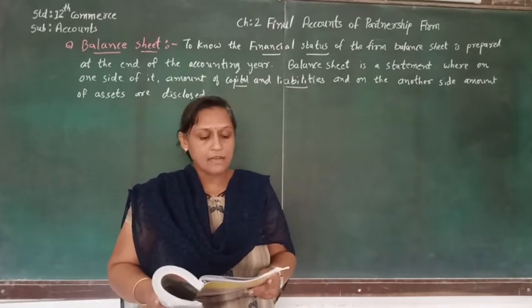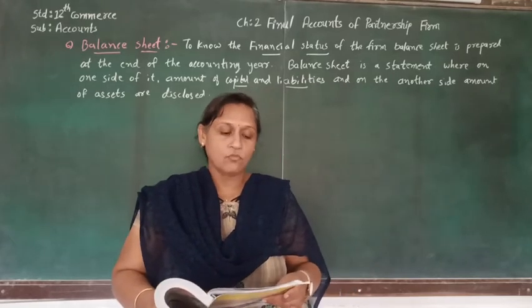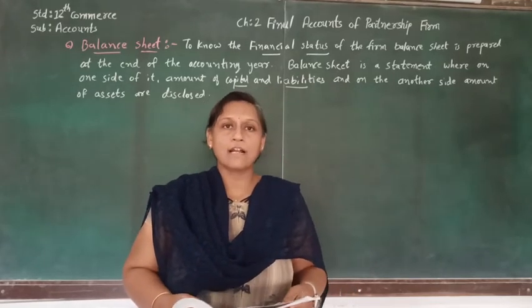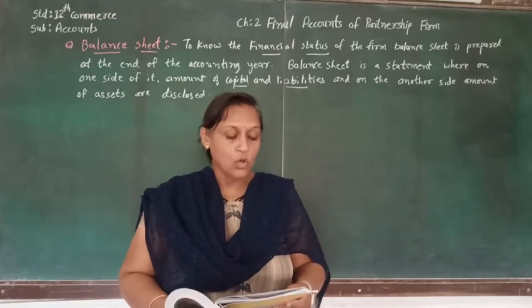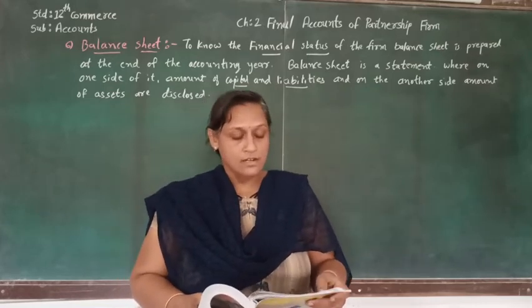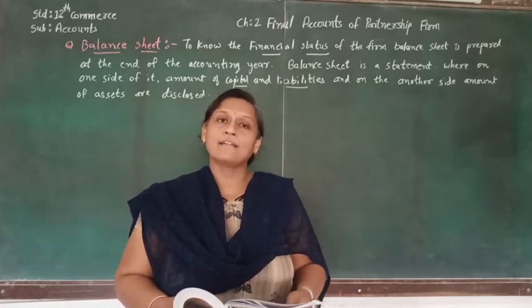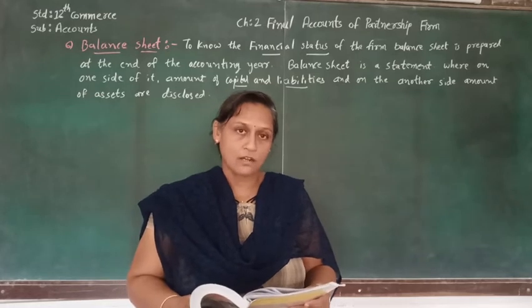And on the capital and liability side, the very first account will be fixed capital. Whatever the capital of the partners is, that is supposed to be shown first. Then the second account is the current account of a partner if the partners are following the fixed capital account method.